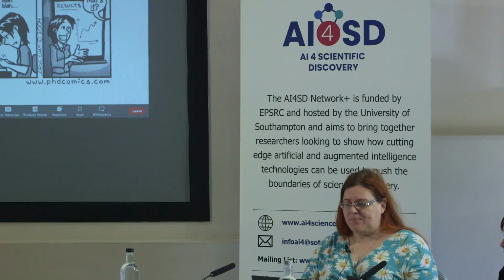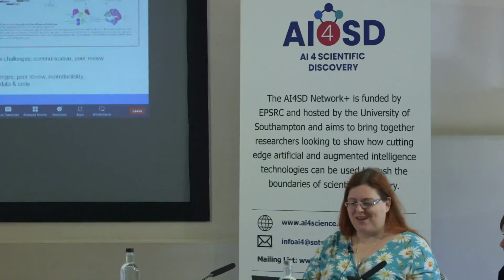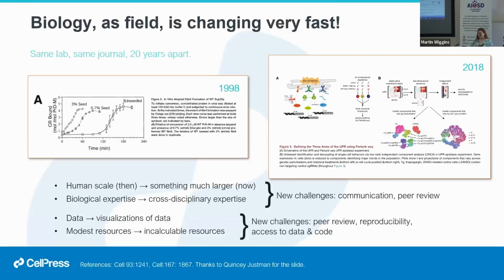This slide I borrowed from my friend Quincy Justman, who was editor-in-chief of Cell Systems. And this slide is really interesting because it's showing, for the case study of biology, biology is changing very rapidly.